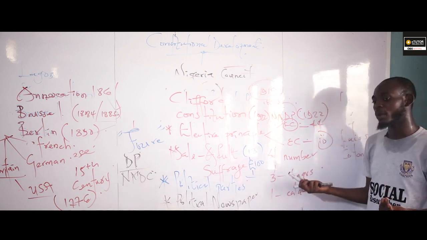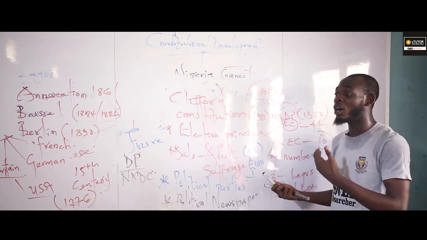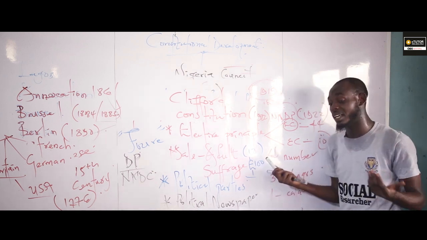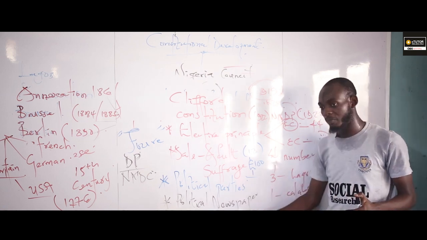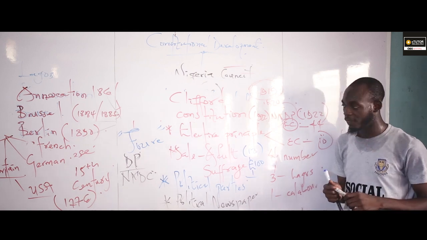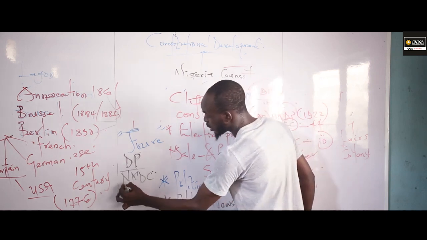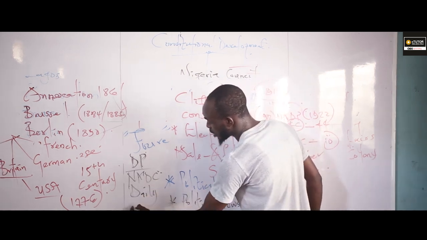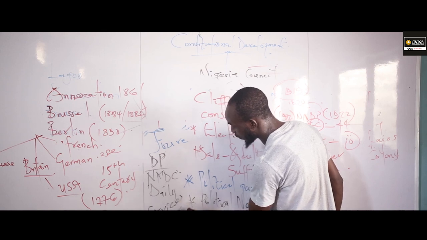If I say the first newspaper, I can regard it as Iwe Iroyin, because it is more old, created in the 18th or 19th century. But if I talk about political newspaper, I'm talking about the one created under a political party. And the first political newspaper that we have is called the Daily Service, which was created in 1925.